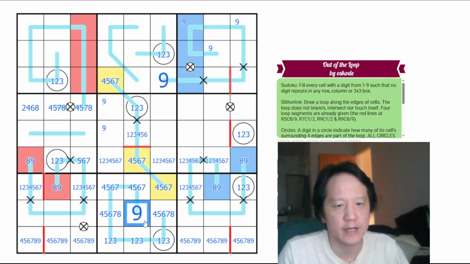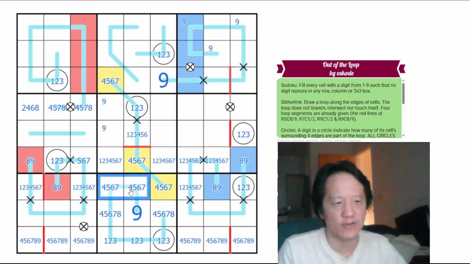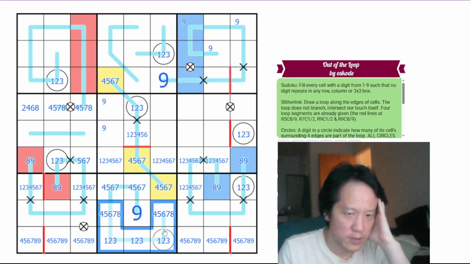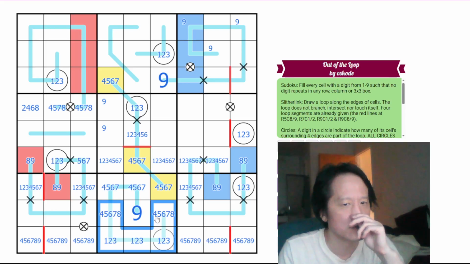Can this be 9 by itself? If this is 9, that would force this to be 4, 5. I don't think so, right? 9, this would have to be 4, 5. So the rest would have to add up to 18. Would have to be 18 specifically.